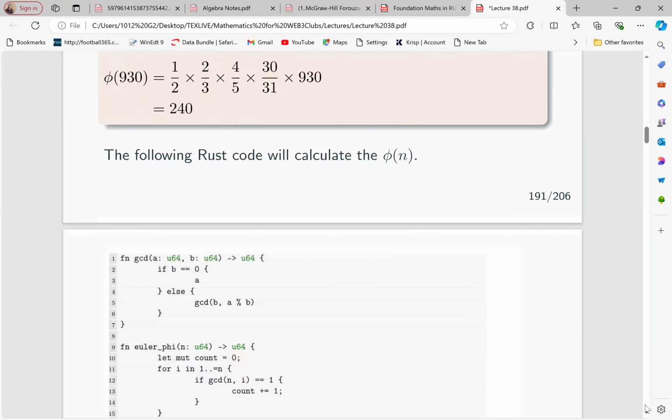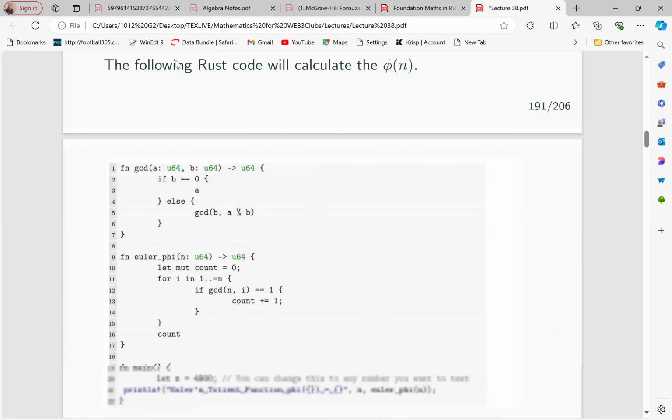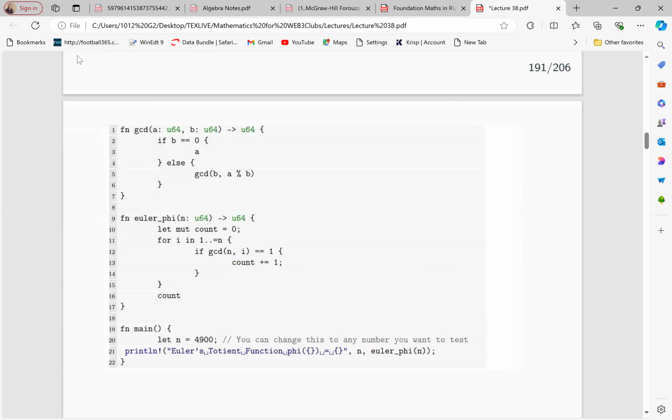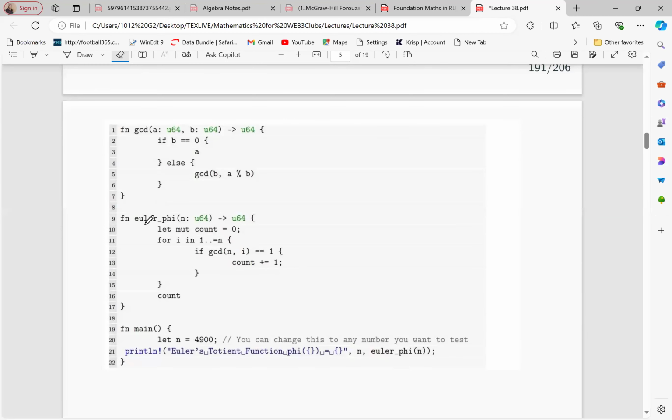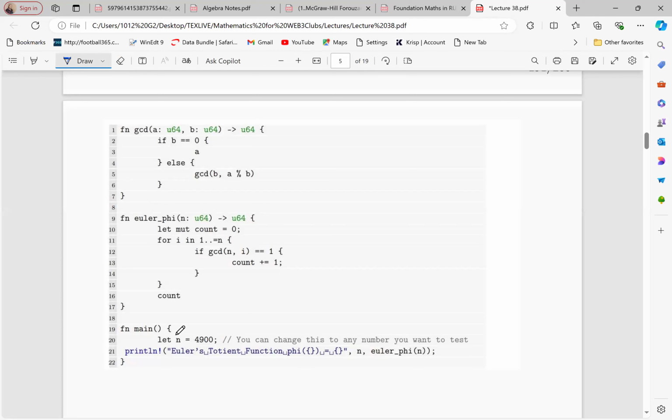So my first Rust program is the first example I talked about, where I have the GCD function, and then I have the relatively prime function, the Euler-Phi function, and then I have the main function. So the GCD function is doing the GCD.